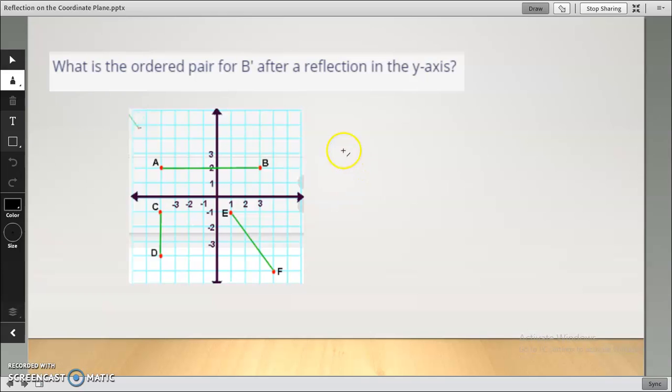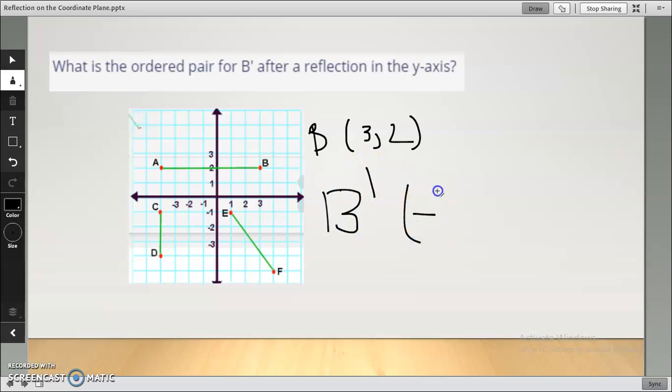The current value of B is (3, 2). But I want to know what B is after my transformation. When I transform it, my x value will change, so that's going to be (-3, 2).